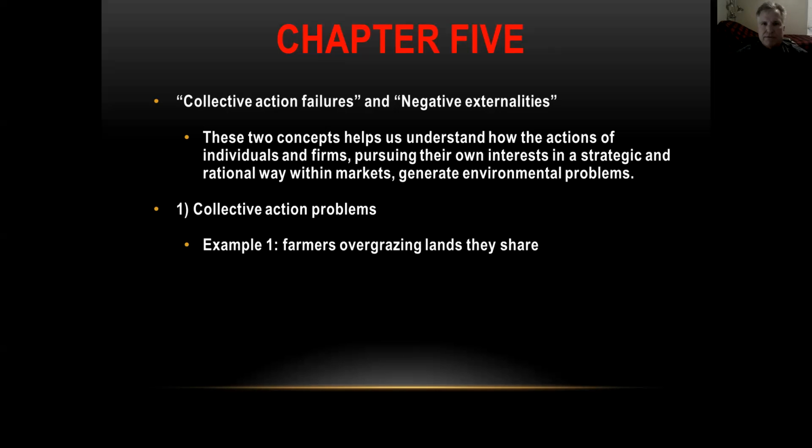And if all of the farmers that have access to a particular land where their cattle can graze let their cattle graze freely, they're going to use up the food on the land. There'll be quickly no longer enough food for the animals to eat. So as the food supply runs out, then you have a collective problem.